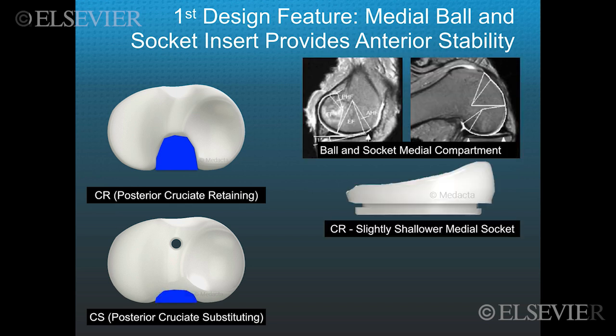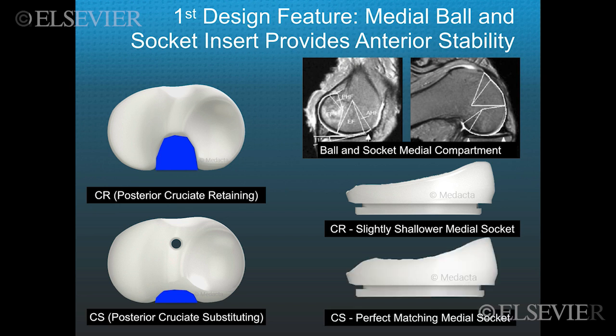And when we look at the medial side, the CR insert is slightly shallower than a true socket to reduce the risk of kinematic conflict with the retention of the PCL, and a bit more of a perfect one-to-one socket when the PCL is substituted by the concavity of the insert.